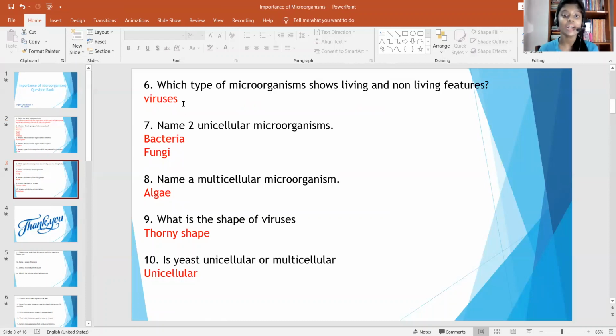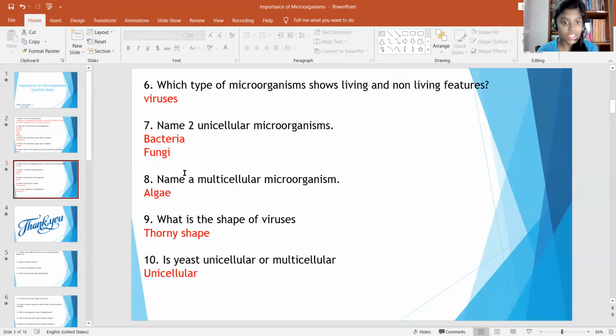I discussed that the virus shows living and non-living features. Next one, name two unicellular microorganisms: fungi and bacteria.